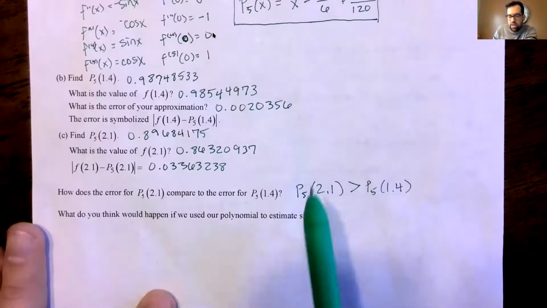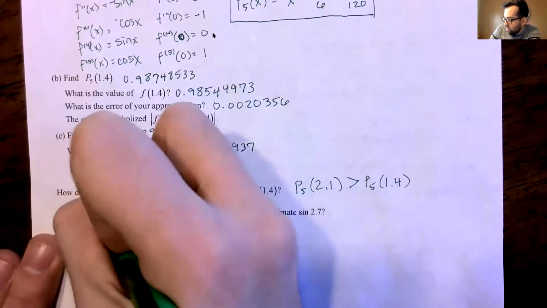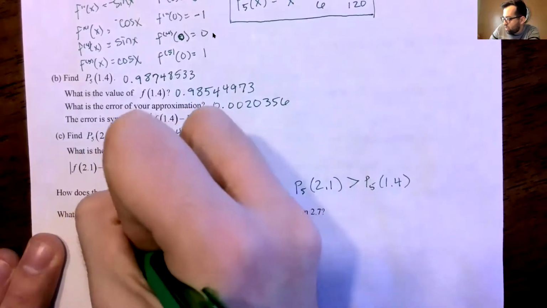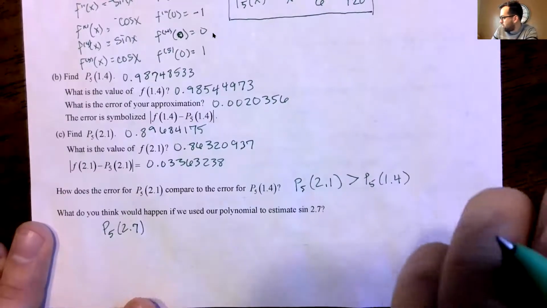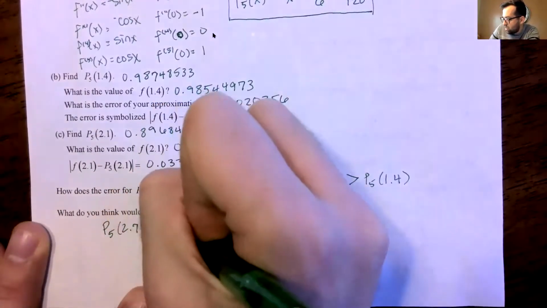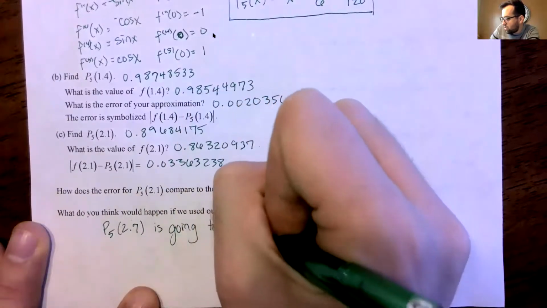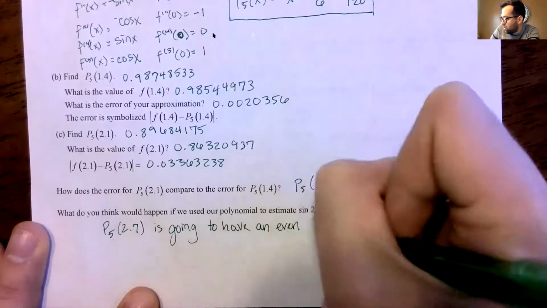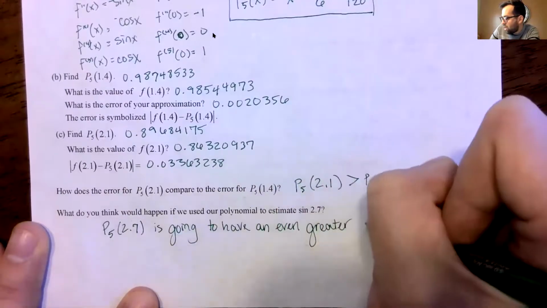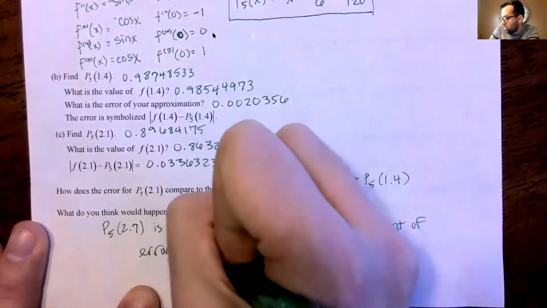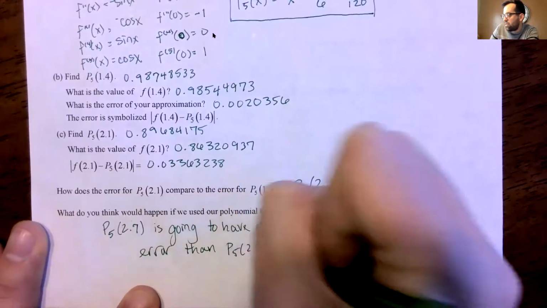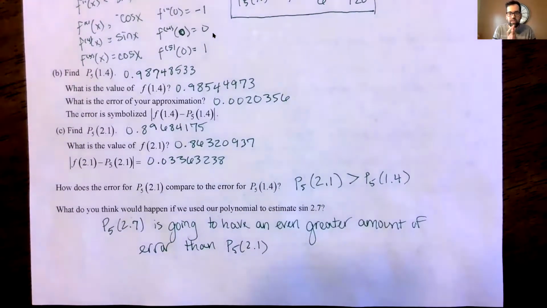So if we approximate 2.7, we could say that the P sub 5 of 2.7, or our 5th degree Taylor polynomial, plugging in 2.7, is going to have an even greater amount of error than P sub 5 of 2.1, because we're even further away from where we were centered at x equals 0. All right, so that's kind of what this is trying to get us to think about here.